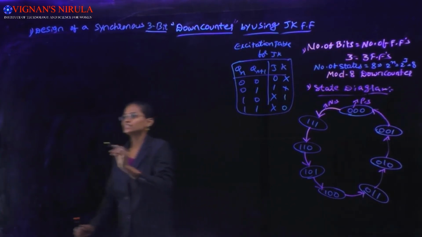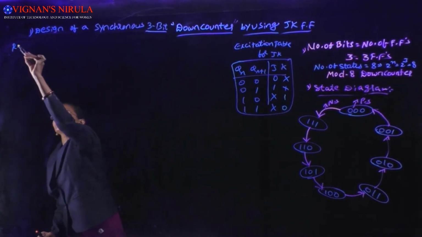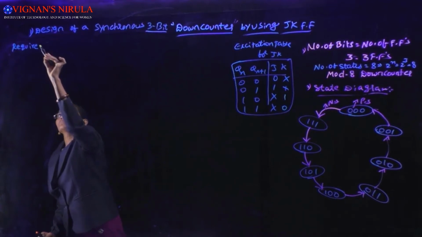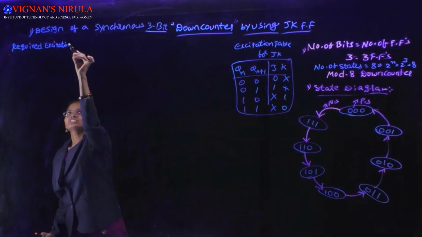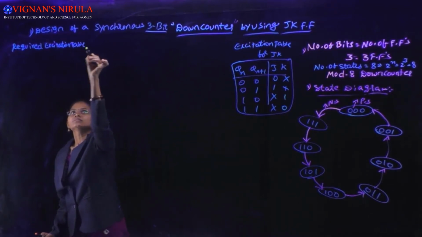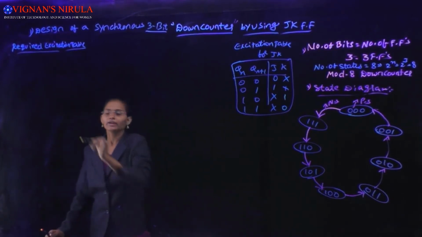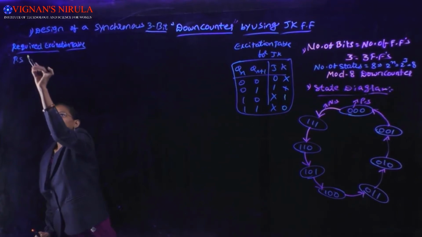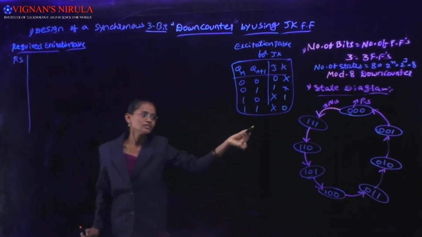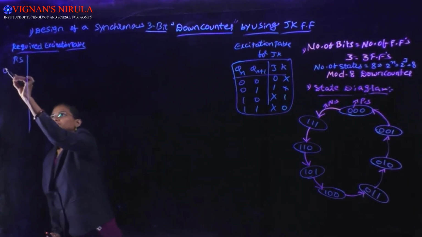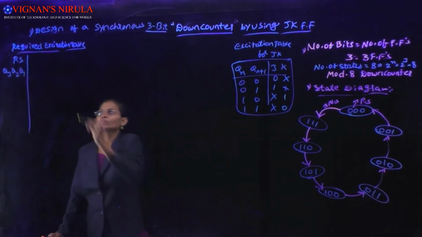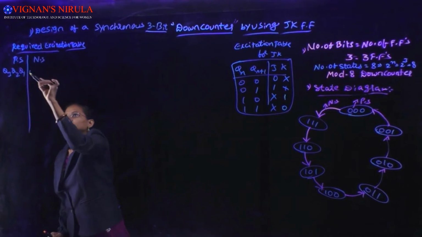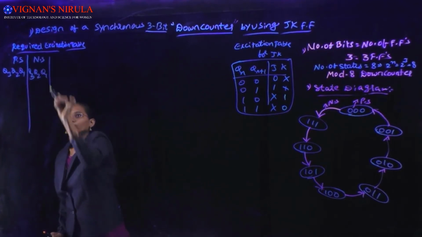And see the required excitation table. First one is the present state. Here the present states are Q3, Q2 and Q1, and the next state is also Q3, Q2, Q1.